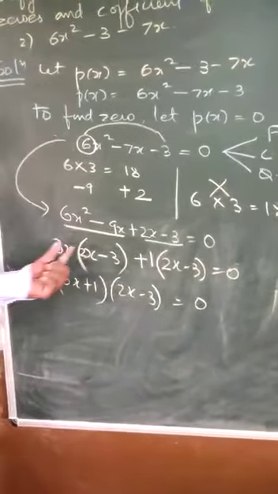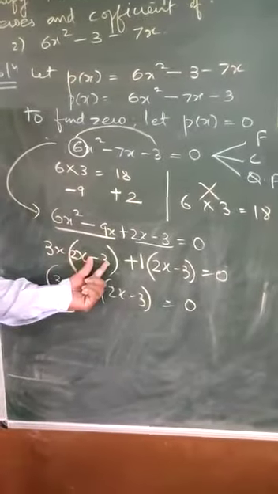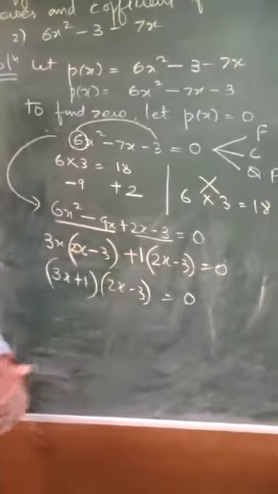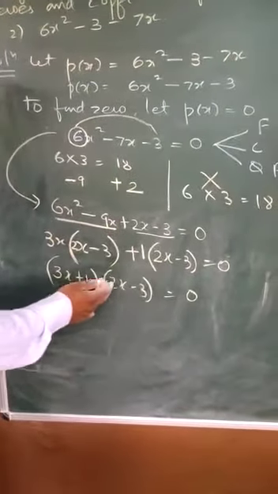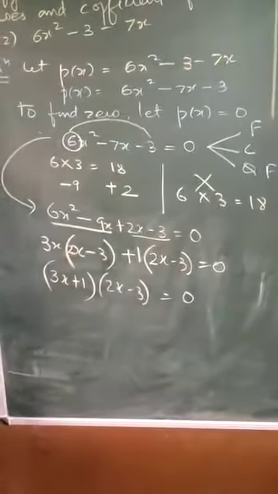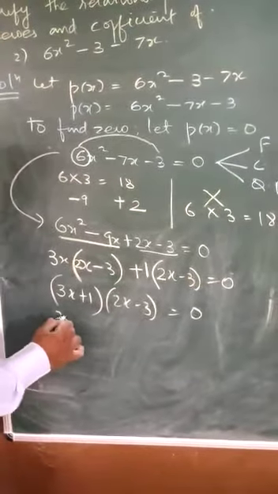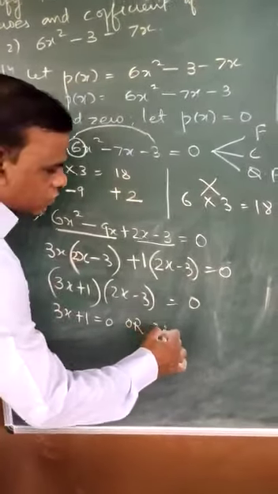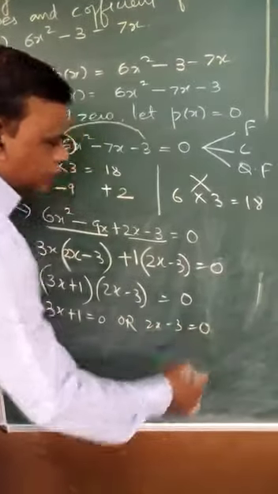So one factor is 2x minus 3 and the other factor is 3x plus 1. That means 3x plus 1 is equal to 0, or 2x minus 3 is equal to 0.